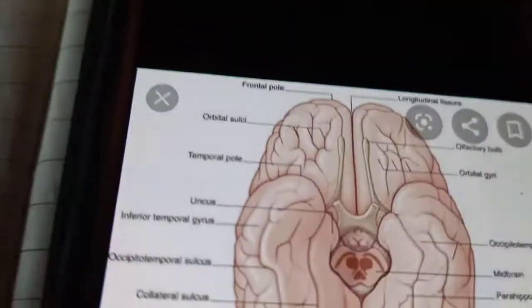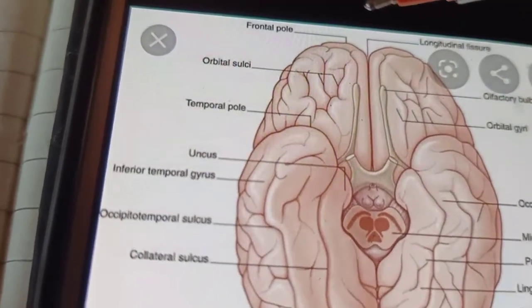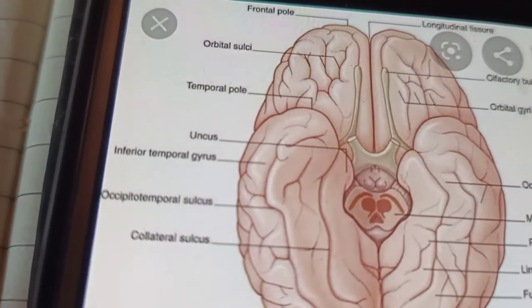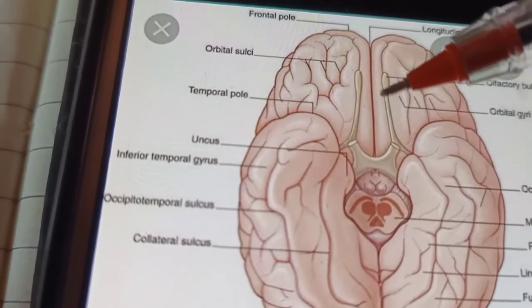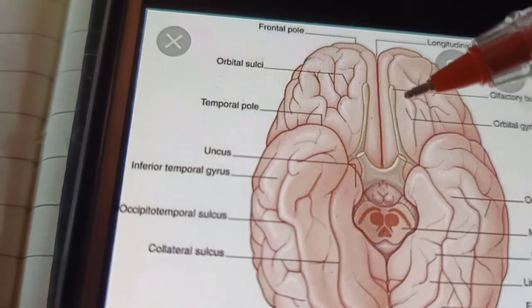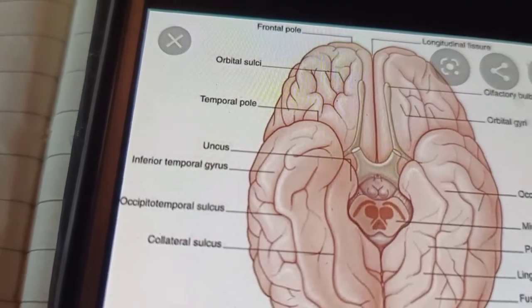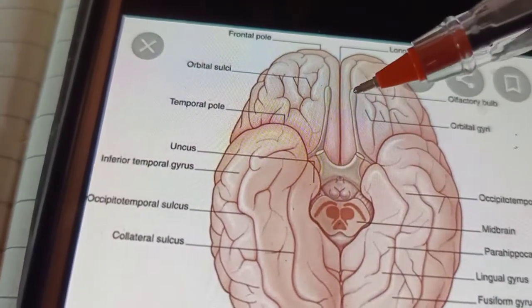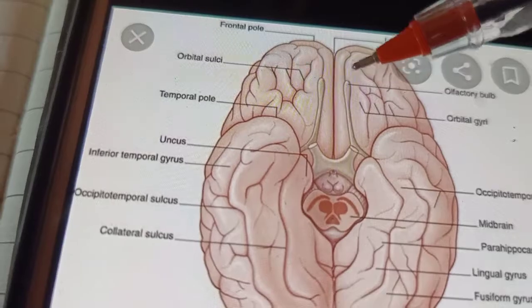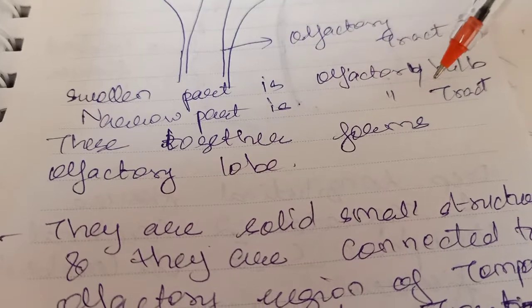So this is the olfactory lobe, and it consists of the olfactory bulb, which is the anterior swollen part, and the posterior narrow part, which is the olfactory tract. The swollen part is the olfactory bulb and the narrow part is the olfactory tract.